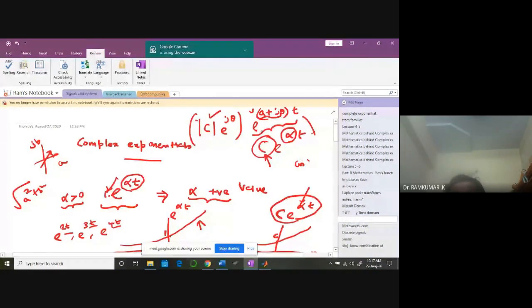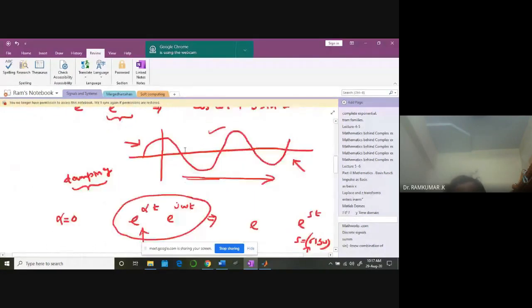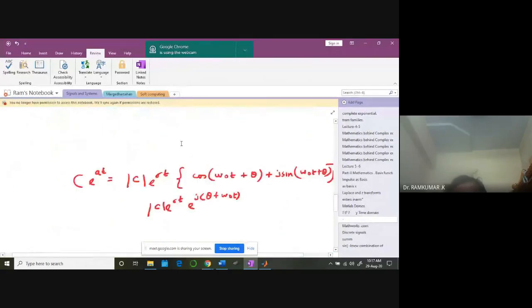So this is e power at times e power j theta t, and e power j theta t is again going to be cos theta t plus j sin theta t. Now e power at is real, it has a magnitude and no angle, since a is real. Therefore, that value is going to get multiplied with this magnitude. Okay, you understand what I'm saying?